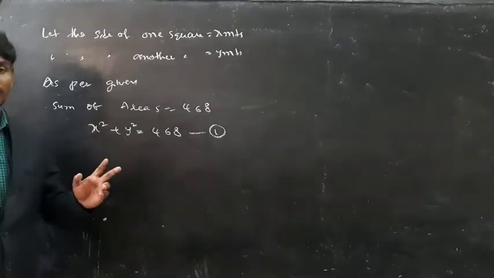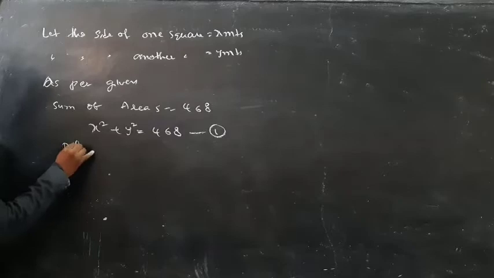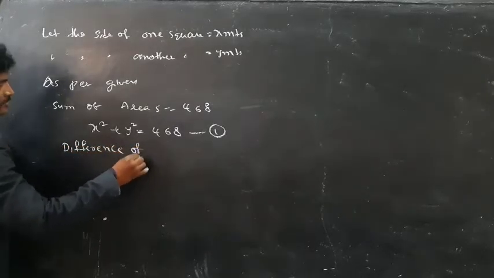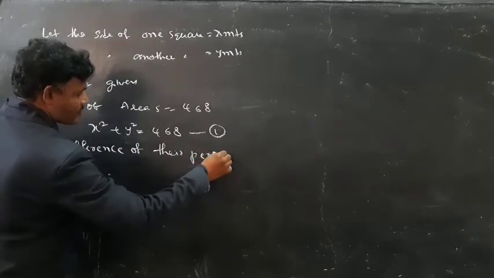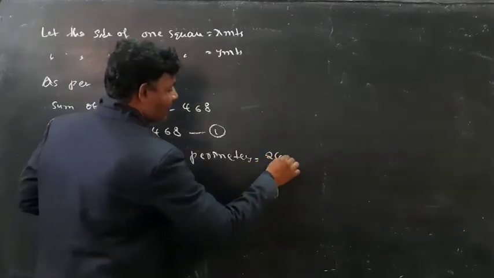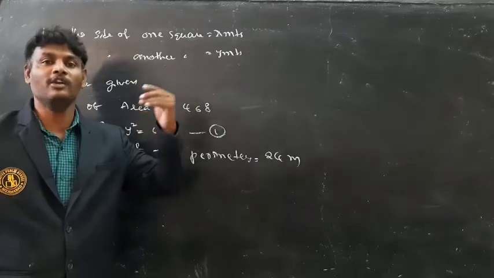Then the difference of their perimeters is 24 meters. What is the perimeter of a square? 4 into side.